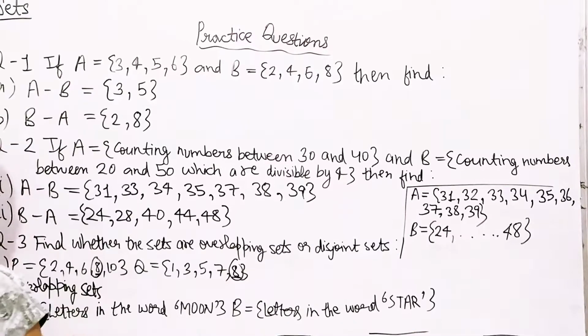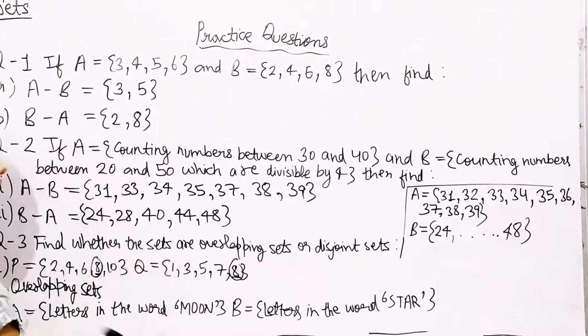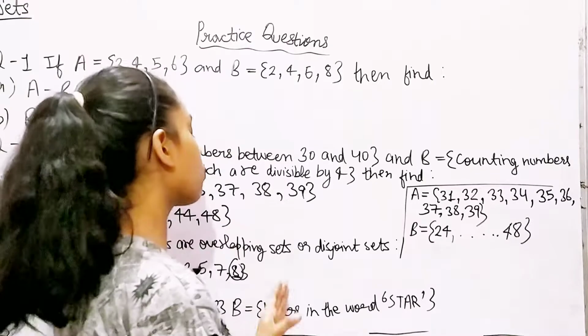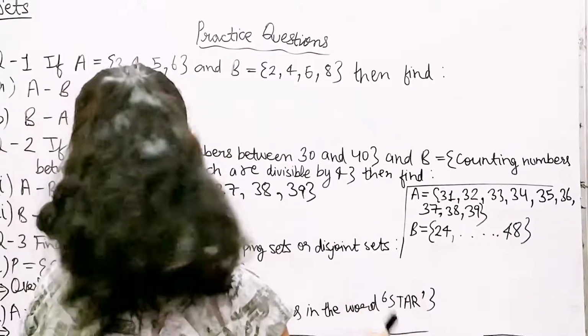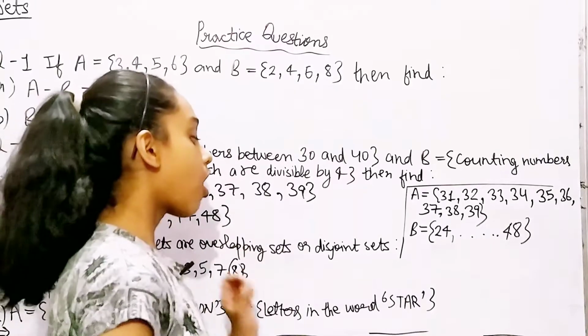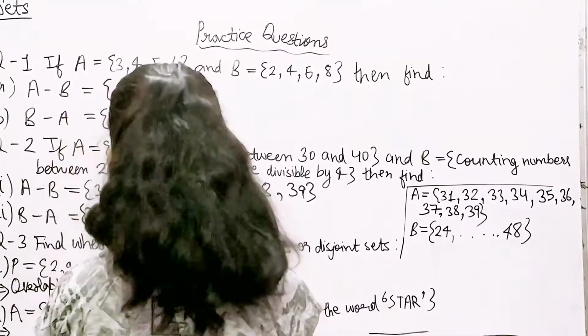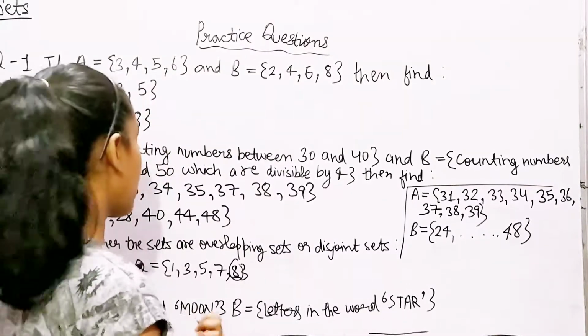Now the second part: set A is equal to the letters in the word moon, M-O-O-N, and set B is equal to the letters in the word star, S-T-A-R. Is there anything common in them? Is there M? No. O? No. N?